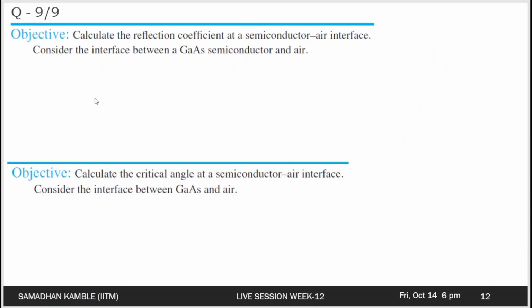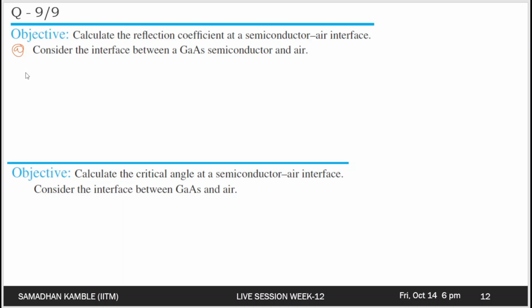Based on these quantum efficiencies, we have question number 9, which is our last question. Question 9A is as follows. Calculate the reflection coefficient at a semiconductor-air interface. We'll consider the interface between a gallium arsenide semiconductor and air. The refractive indices given are as follows.